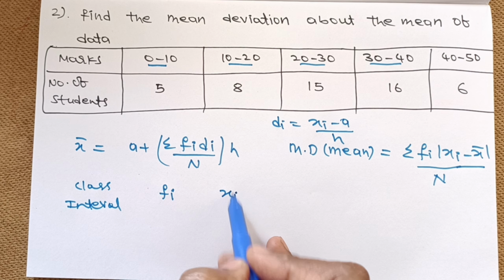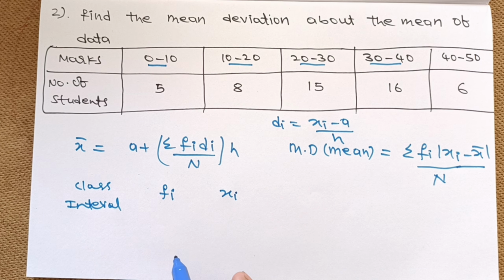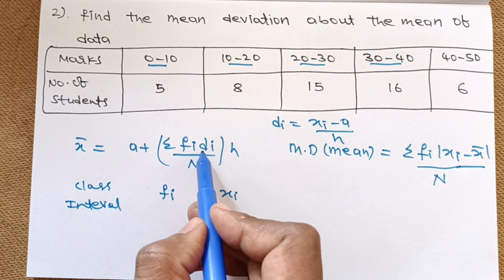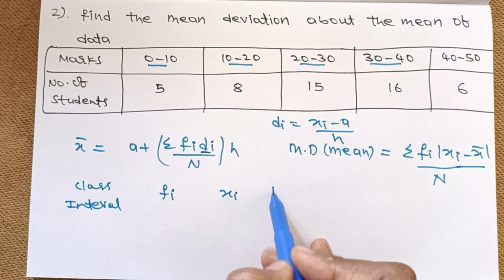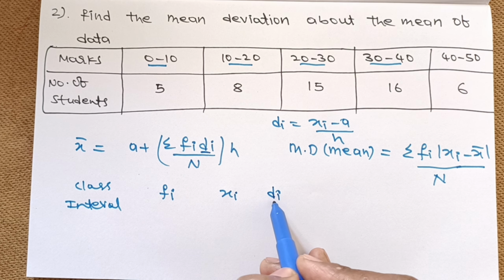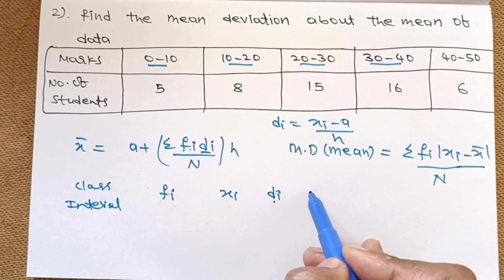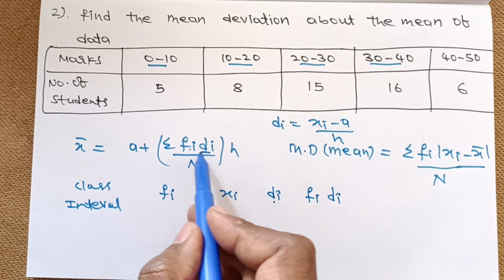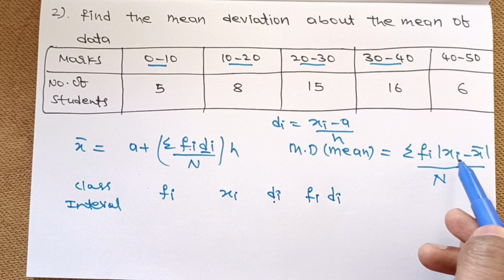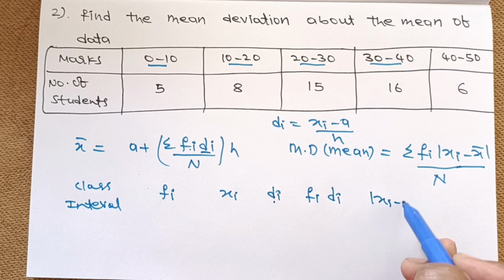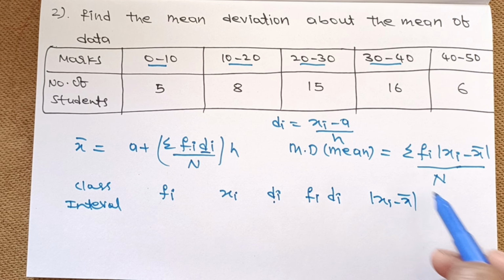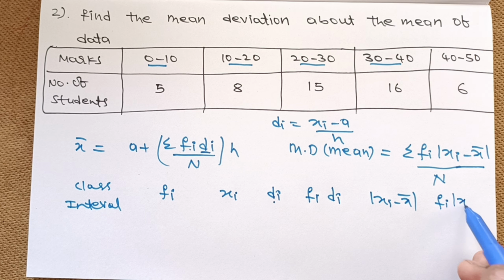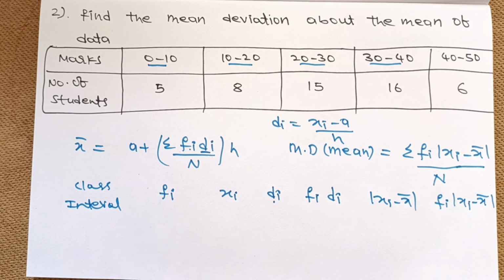Xi is the midpoint of the class interval. Next, we can find di. After di we can find fi di. After that, modulus of xi minus x bar. So next, fi into modulus of xi minus x bar. So you can write all these values.